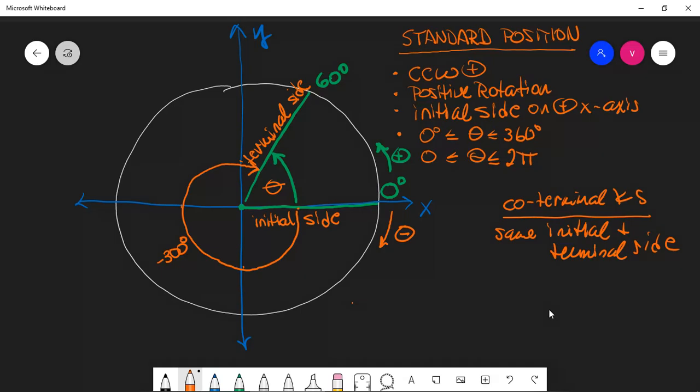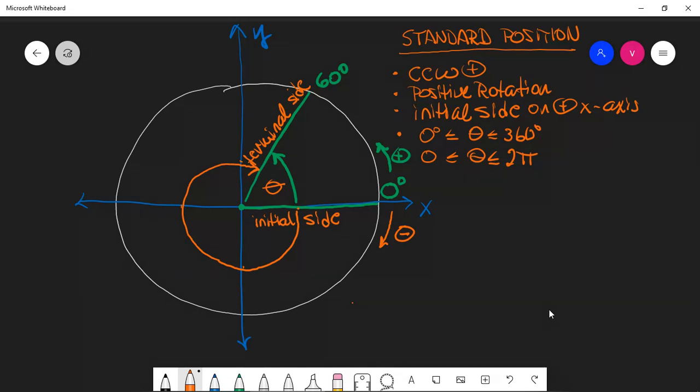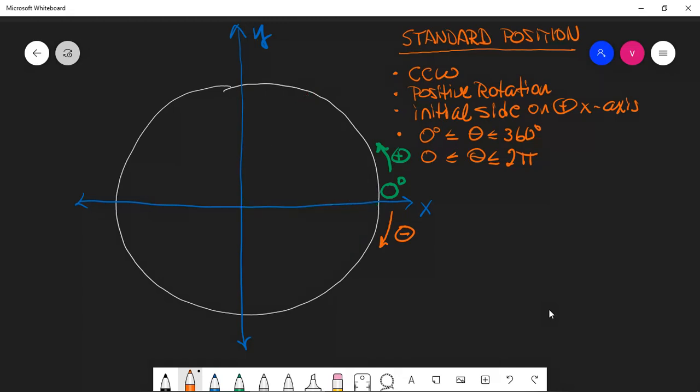Let's do another example. So I'm going to take away some of this right here. Let's do another angle. Okay, so let's do this angle right here.